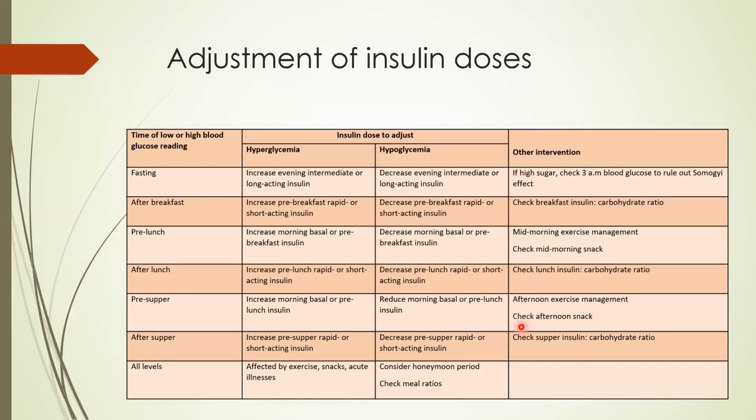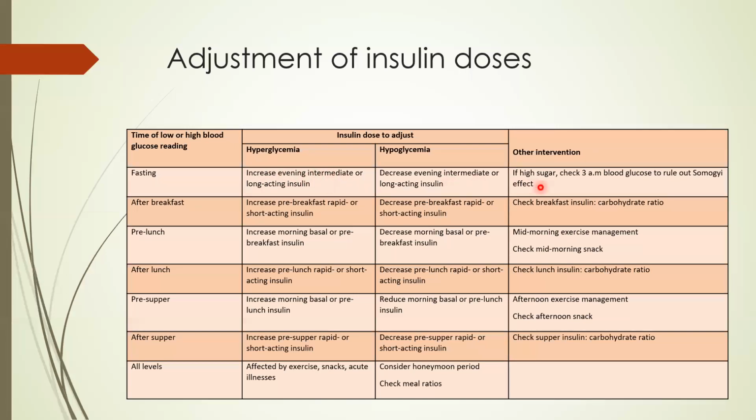So this is basically a chart that talks about the same. I'm not going to go through the whole of it, it will be in our guidelines. But in case you find that in the morning the patient is waking up with high sugars, then what you may need to do is either increase the dose of evening intermediate or long-acting insulin.